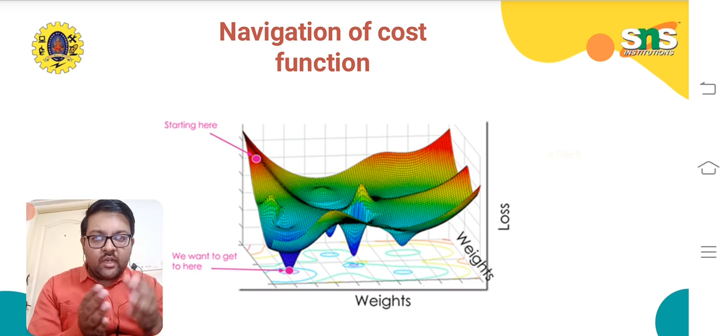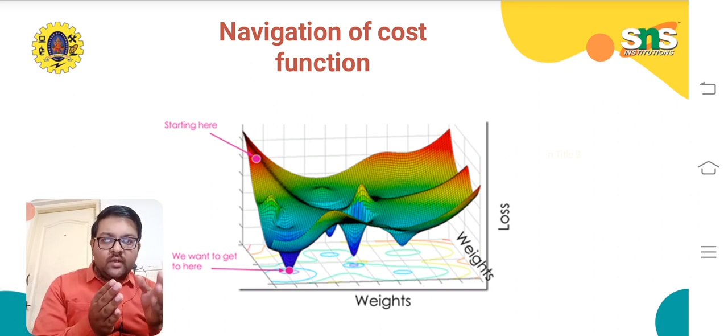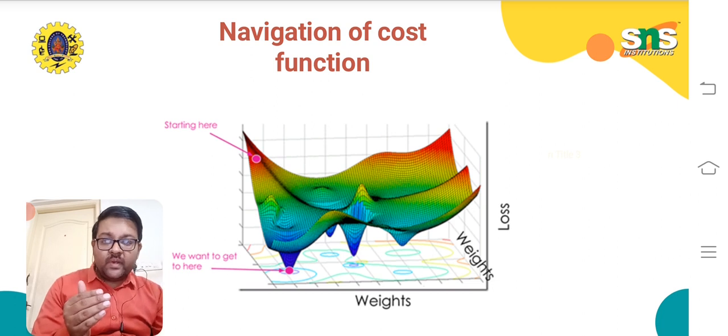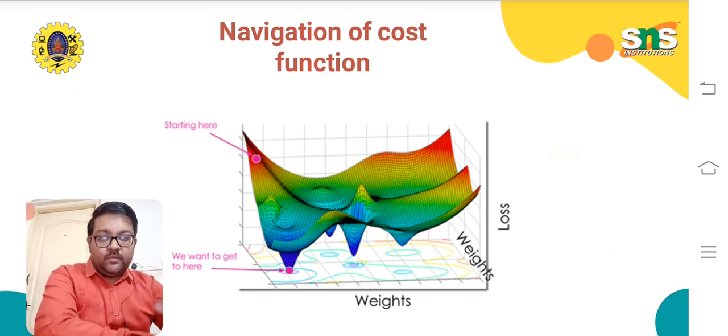There is a starting point, and we keep going till we find the point where the cost function is minimum. As mentioned here, we want to get to the point at the bottom of the curve. Likewise, the navigation has to be done, and for that gradient descent is used.